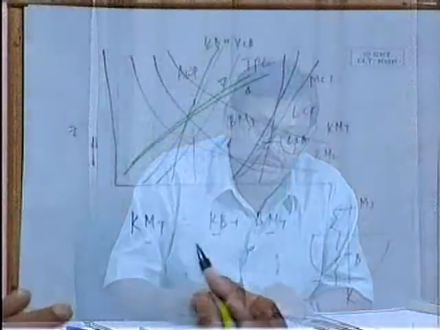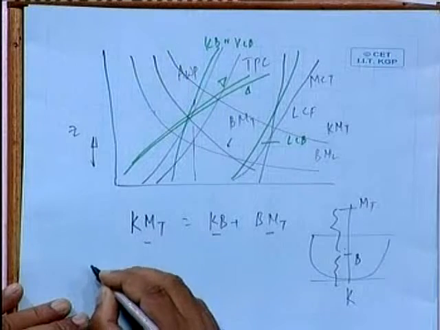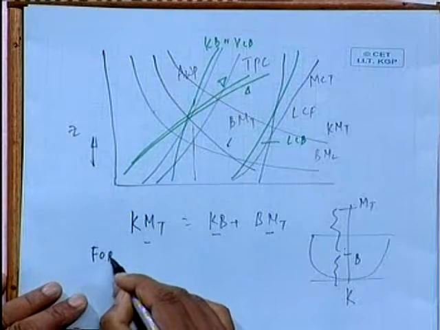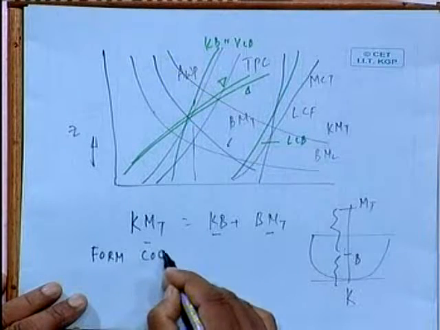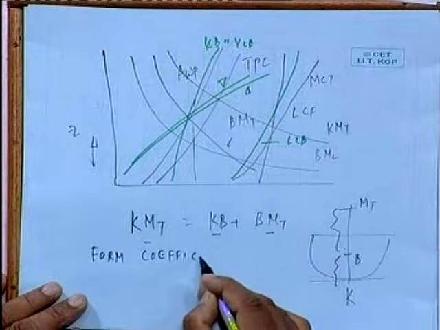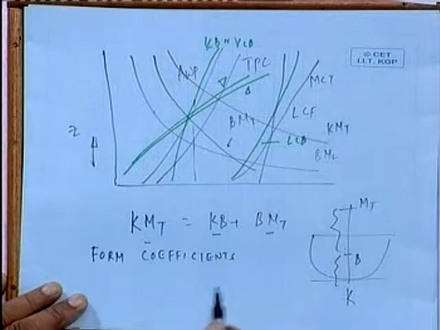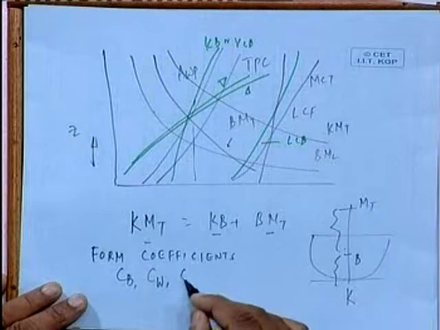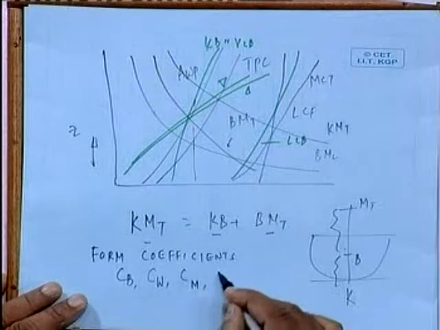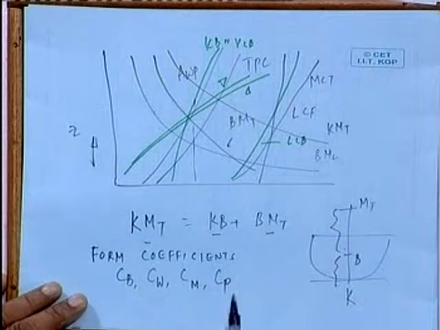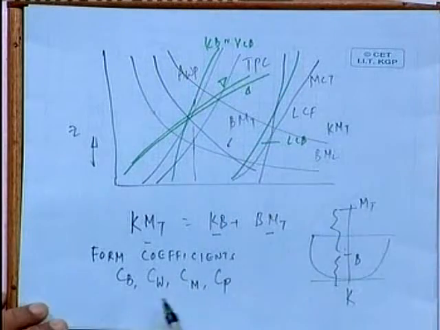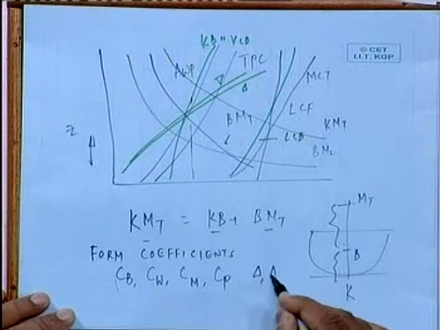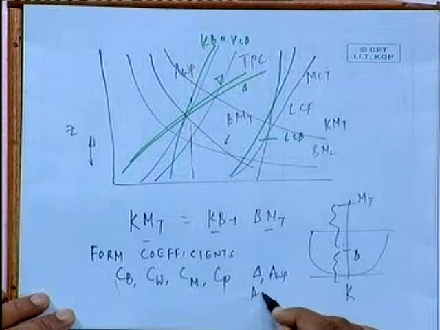In addition to this, you also plot in hydrostatics, which Professor Bhatt would have covered, all the form coefficients: CB, CW, C midship, CP. This you also plot, because these are connected to displacement, area of water plane and area of midship.